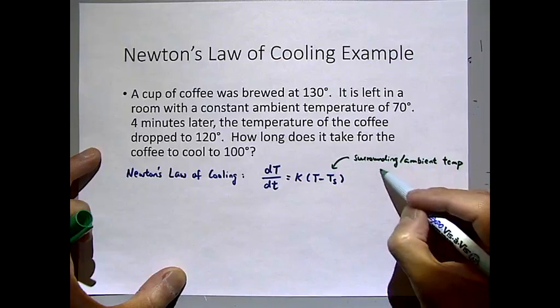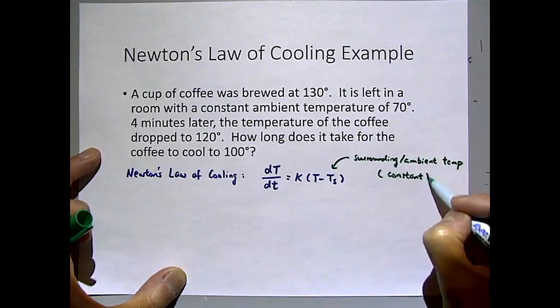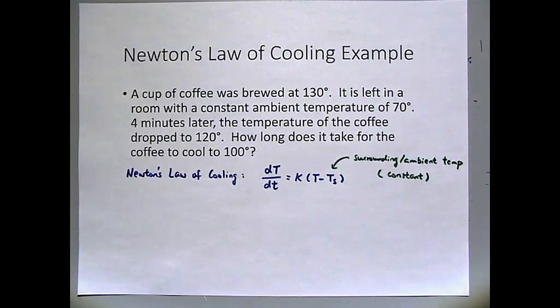And that Ts is always assumed to be a constant. And T, capital T, of course, is the temperature of the object, in this case, that cup of coffee, and little t is time. Okay?